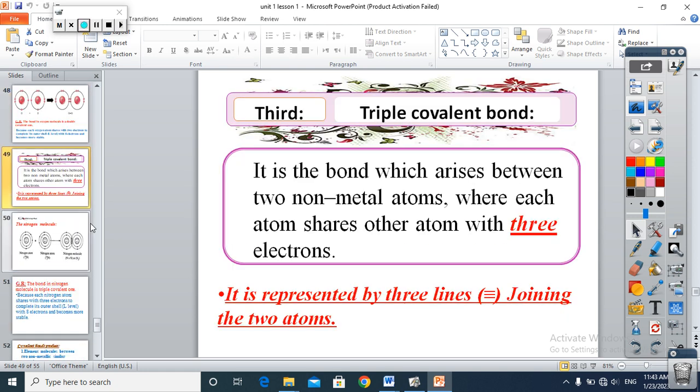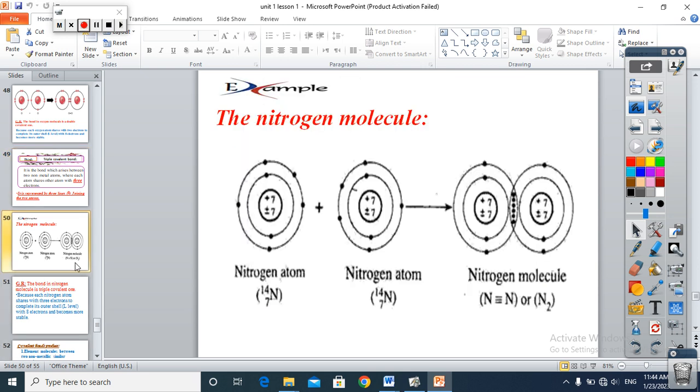Excellent. What about triple covalent bond? Triple covalent bond is the bond which arises between two nonmetal atoms where each atom shares the other atom with 3 electrons. It is represented by 3 lines, as in nitrogen.